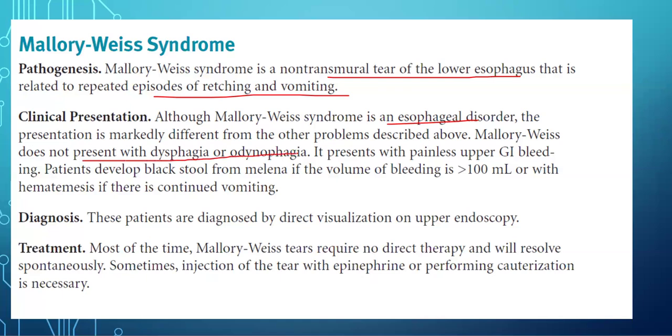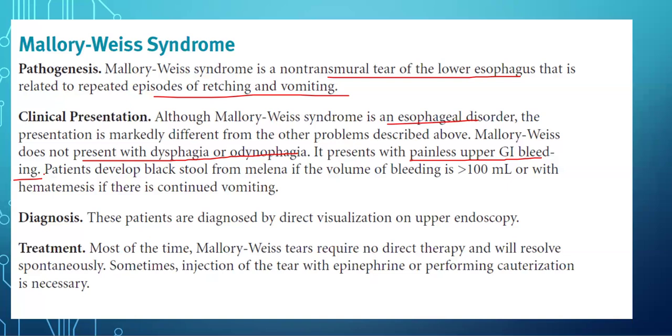It does not present with dysphagia or odynophagia, but it presents with painless upper GI bleeding. So many times what happens is the patient had binge drinking, and after the binge, the patient started to have dry retching and vomiting heavily. That can sometimes cause a bit of a tear in the lower end of the esophagus.